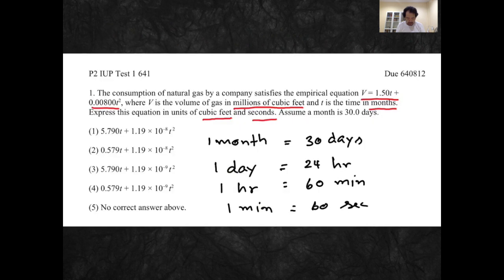The consumption of natural gas by a company certified empirical equation V equal to 1.5 T plus 0.008 T squared, where V is the volume of gas in million cubic feet and T is the time in months. So it means that here V is the volume of consumption. If we input T in months, we get the value of V here as a million cubic feet.